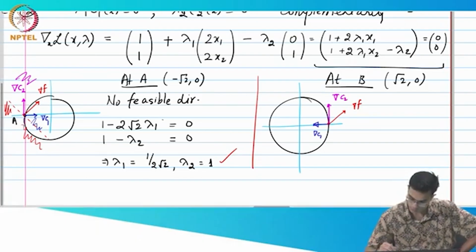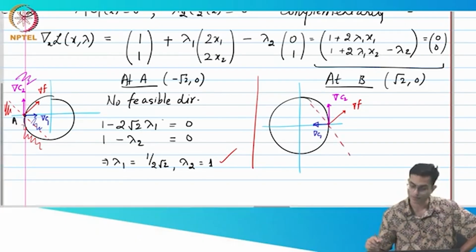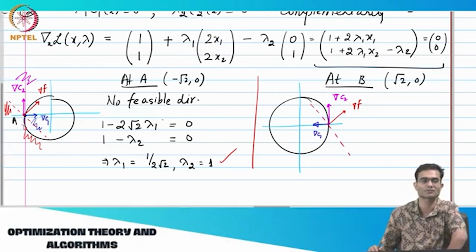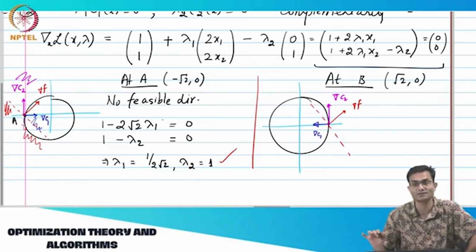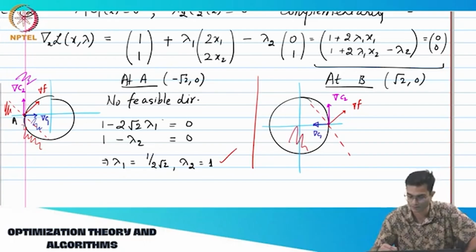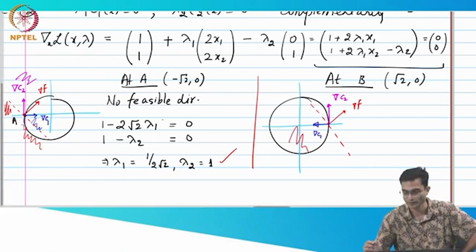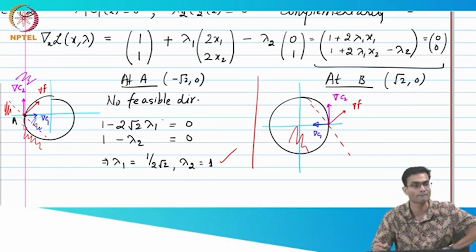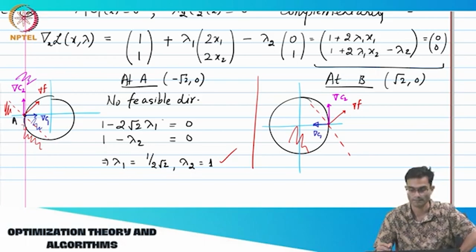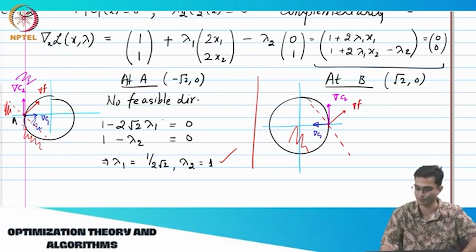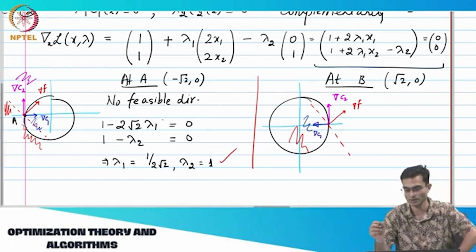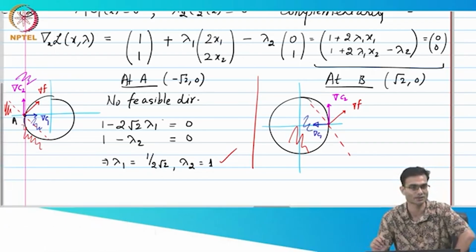Okay. So grad f transpose D should be less than 0 for improvement. That means I should be somewhere in this region. Grad C1 transpose D should be greater than or equal to 0. That means where should I be? In the left half of this point, right? So I should be here. So far I am seeing an intersection over here, right?